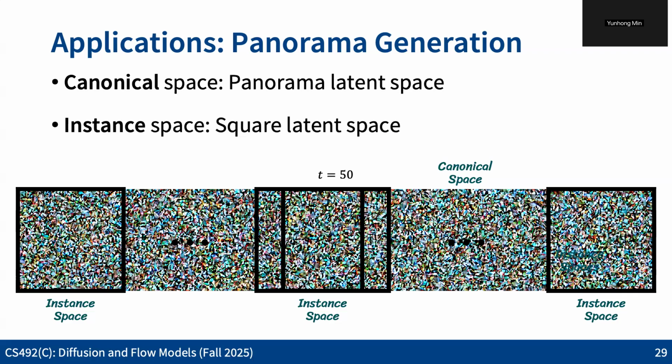What we do is make a bunch of windows like this, boxes with lots of overlaps. Then we perform the generation process on these multiple small squares while making the overlap regions share exactly the same thing.